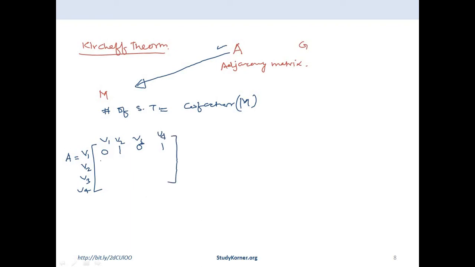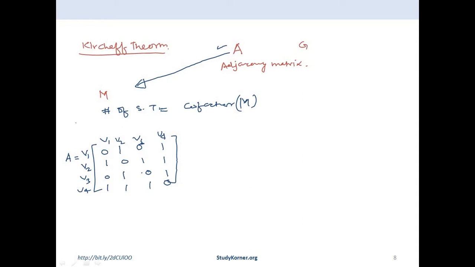Similarly, I initialize all other values in this matrix: 1, 0, 1, 1, then 0, 1, 0, 1, and 1, 1, 1 and 0. So all diagonal elements are 0. Why? Because I apply Kirchhoff's theorem on simple graphs, and simple graphs do not contain any loop.